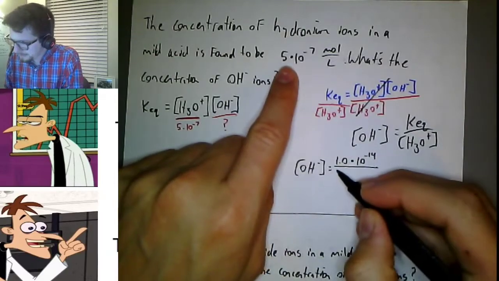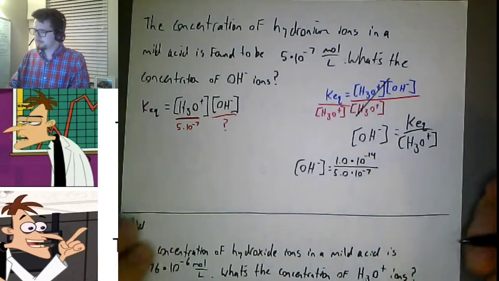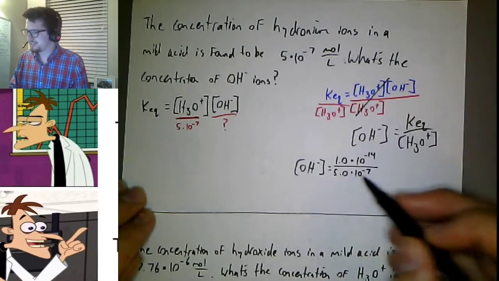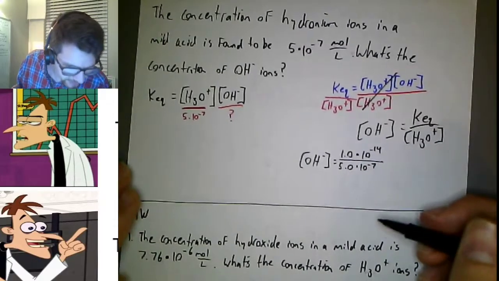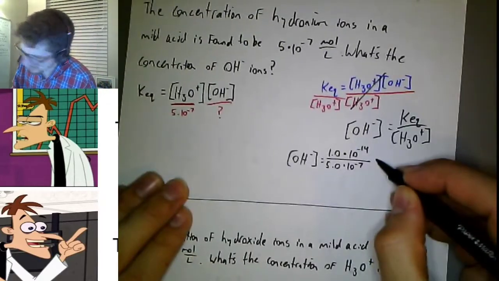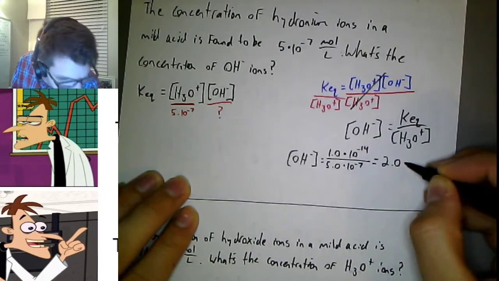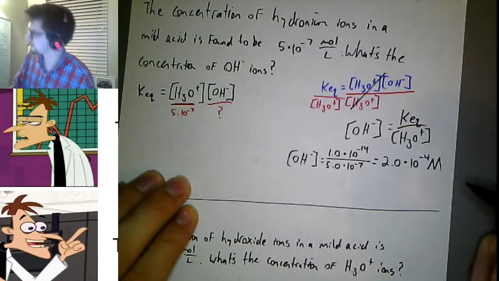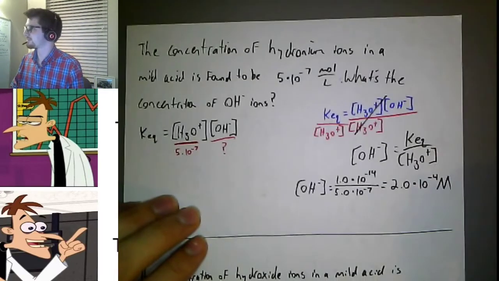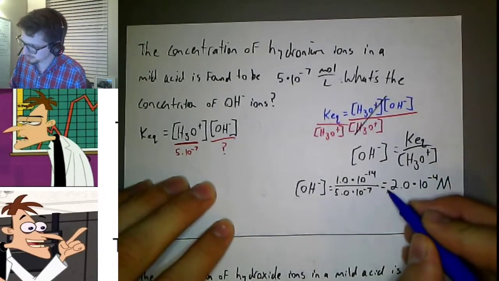H3O? 5 times 10 to the negative 7. So, if I plug these two numbers into a calculator and solve, I should get my answer. And what I get is 2.0 times 10 to the negative 4. And there's the concentration I'm looking for. It's that simple.